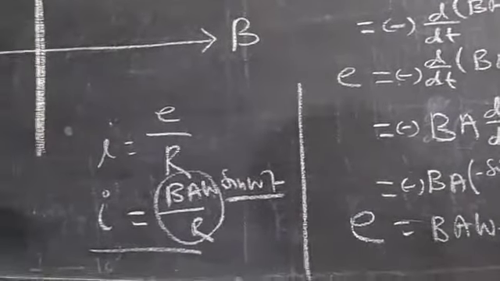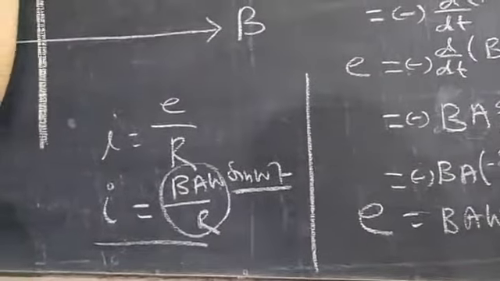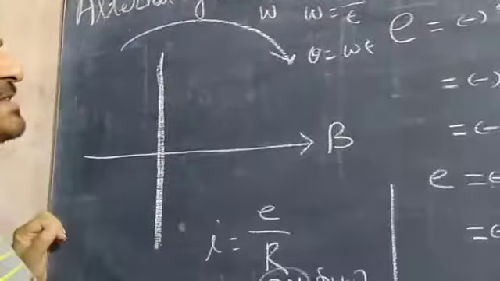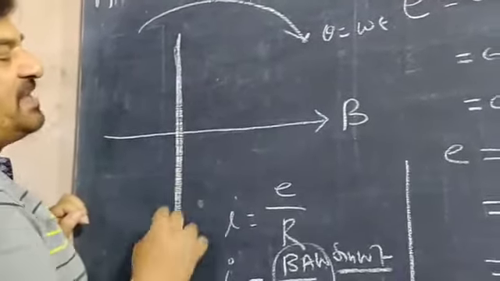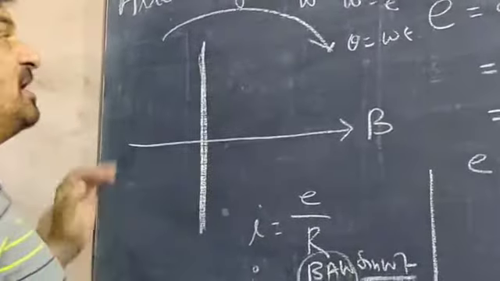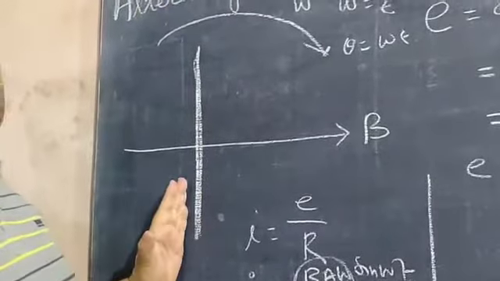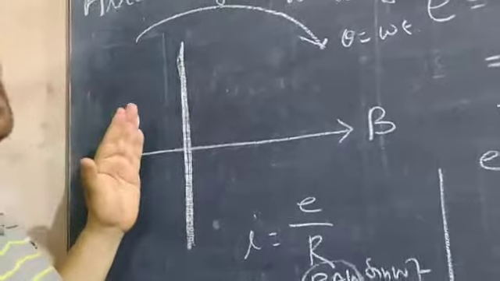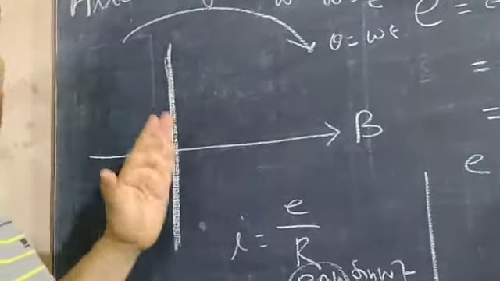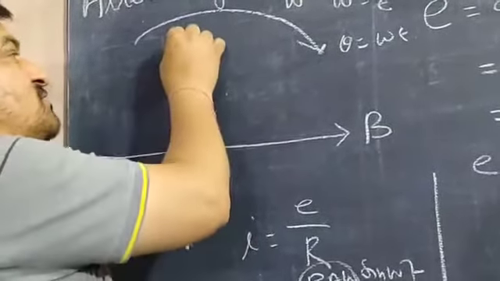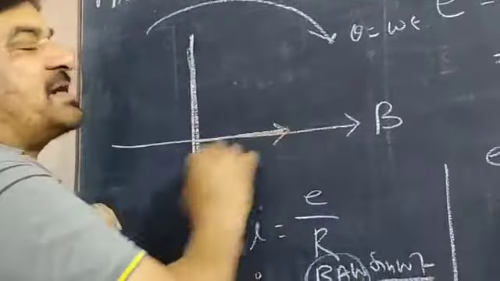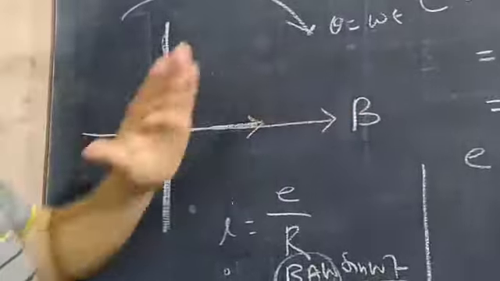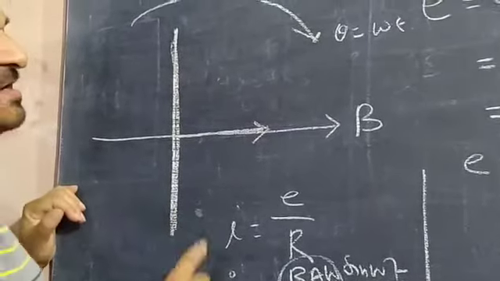Now, when the coil is at this position, the plane of the coil is perpendicular to the magnetic field. We know the direction of the area vector is perpendicular to the area of the coil, so at this time the direction of the area vector will be along the direction of the magnetic field.